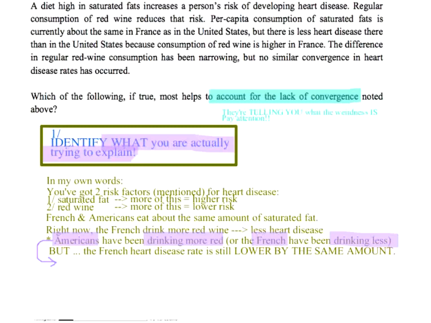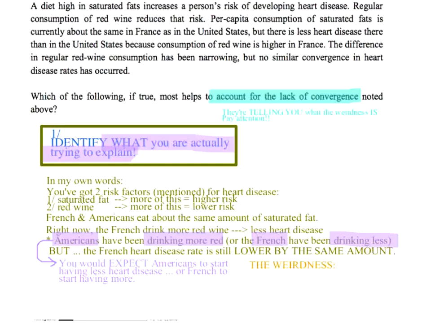You would expect Americans to start having less heart disease, or the French to start having more. But neither of those things, as far as we know, is happening. So the weirdness that we are trying to explain is, why isn't that happening?